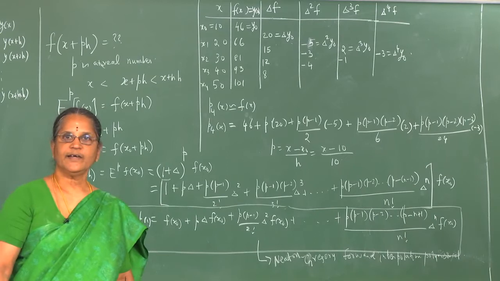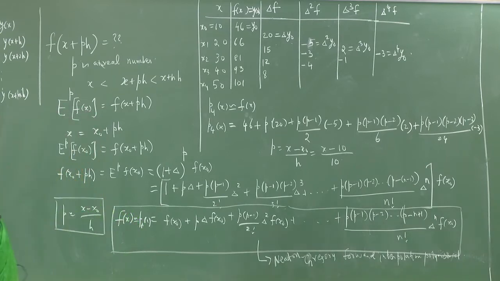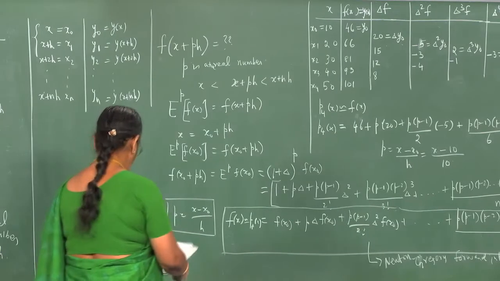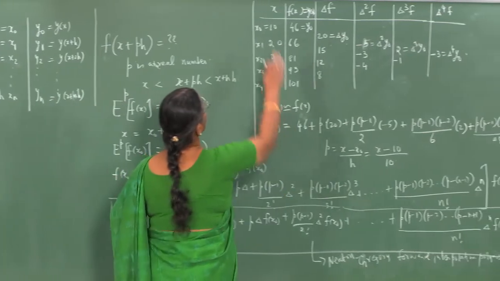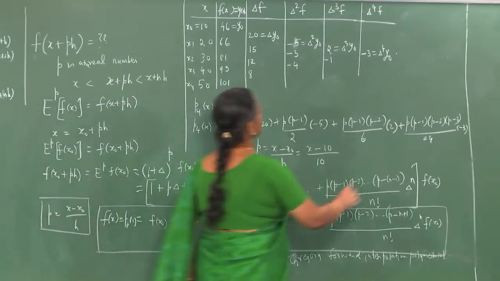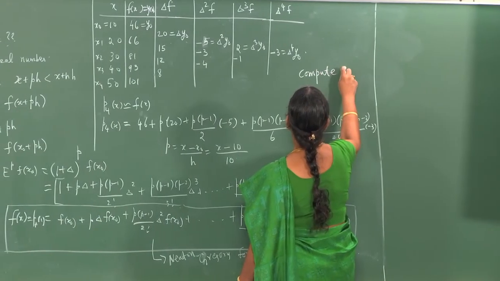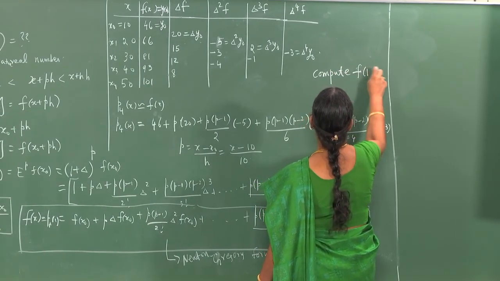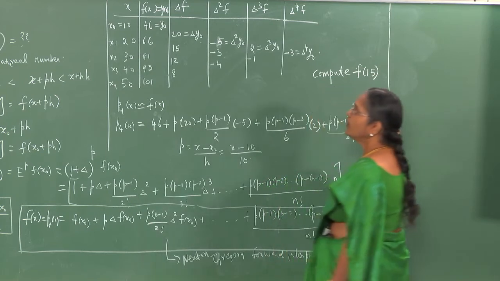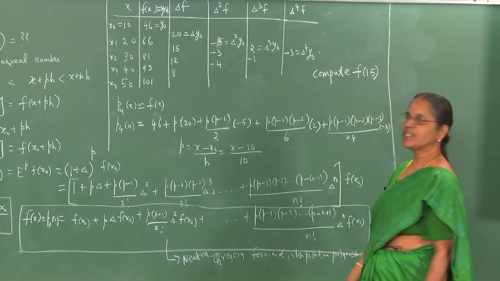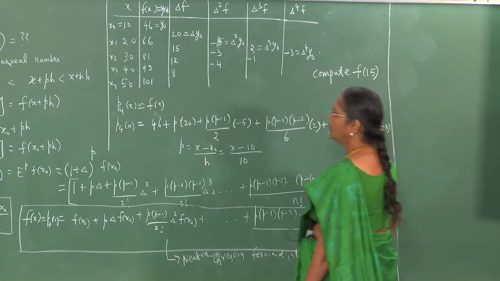Suppose we are asked to determine the value of the function at x is equal to 15, compute f at 15. So, somebody requires an information at x is equal to 15.